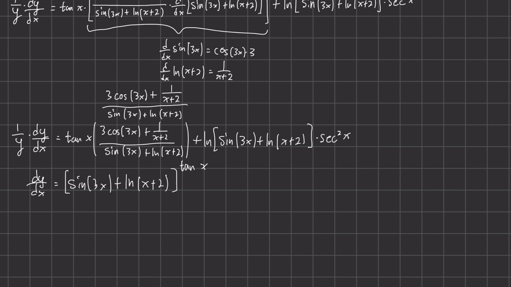And it's going to be that getting multiplied by, in this case, I'm going to put the tangent x inside this bracket right here.